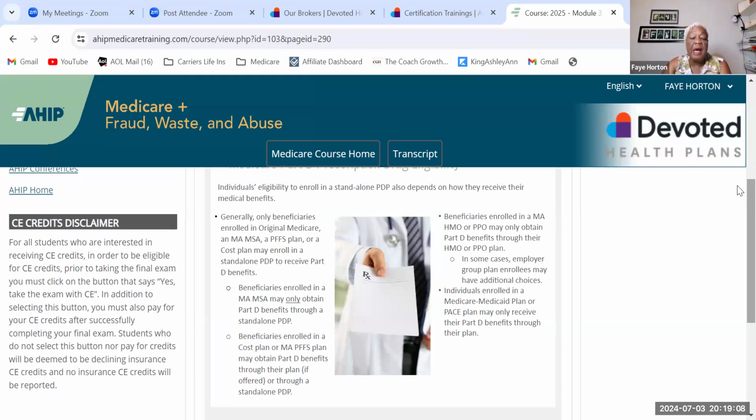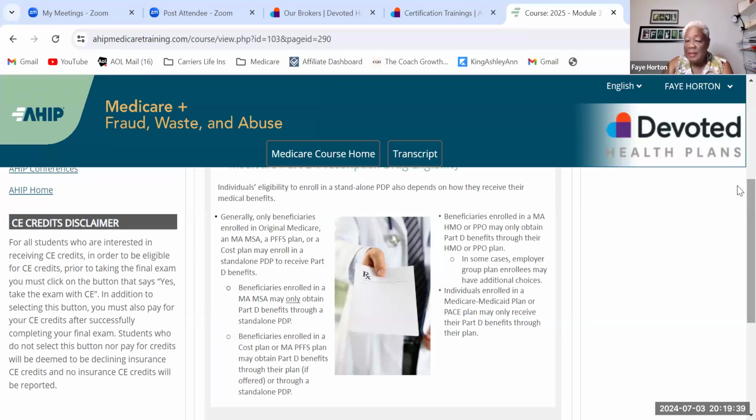Beneficiaries enrolled in a cost plan or a Medicare Advantage private fee-for-service plan may obtain Part D benefits through their plan if offered, or through a standalone prescription drug plan. Beneficiaries enrolled in a Medicare Advantage HMO or PPO may only obtain Part D benefits through the HMO or the PPO plan.